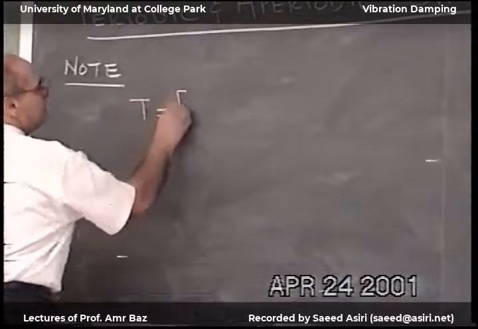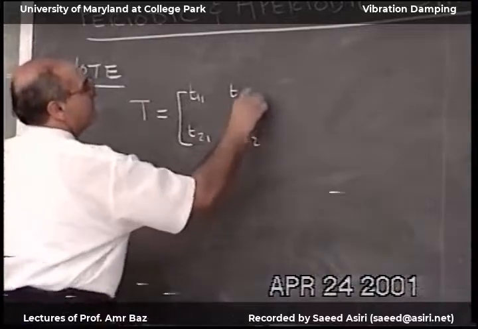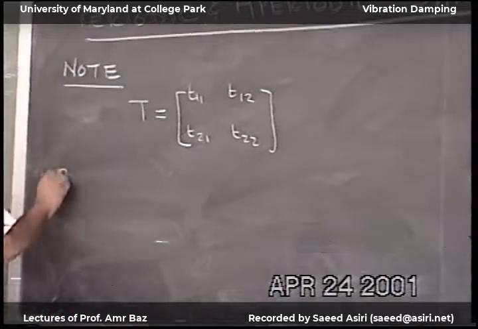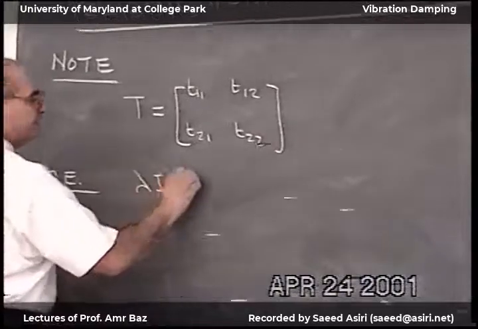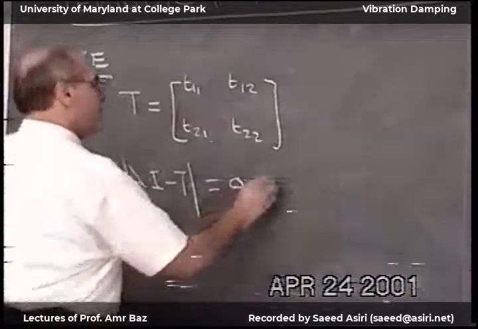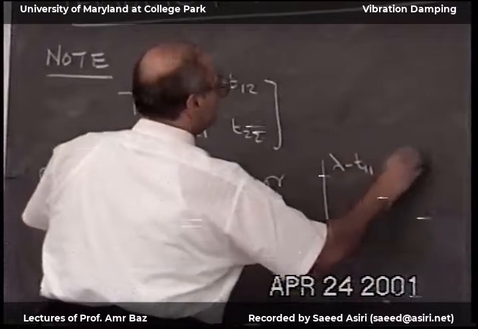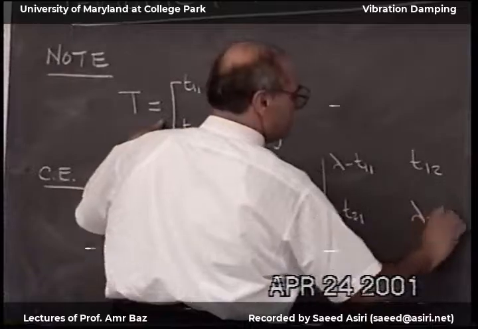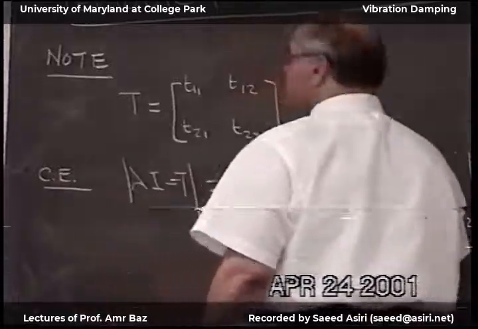Again, we have T. Then the characteristic equation of this system is again lambda I minus T equal to 0, or the determinant of lambda minus T11, T12, T21, lambda minus T22 is equal to 0. Now we expand.